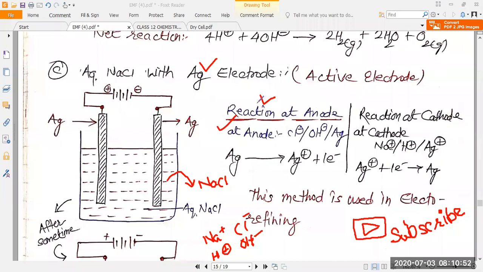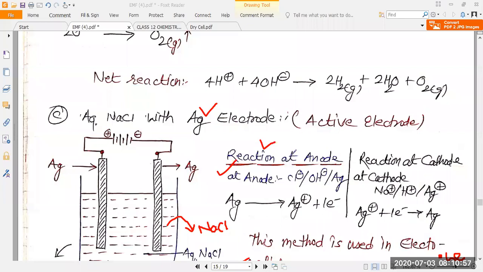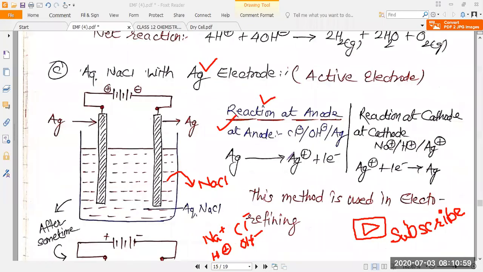So first, according to the system, we write the reactions for the anode. What happens at the anode? The ions which have higher oxidation potential will oxidize and discharge at the anode.